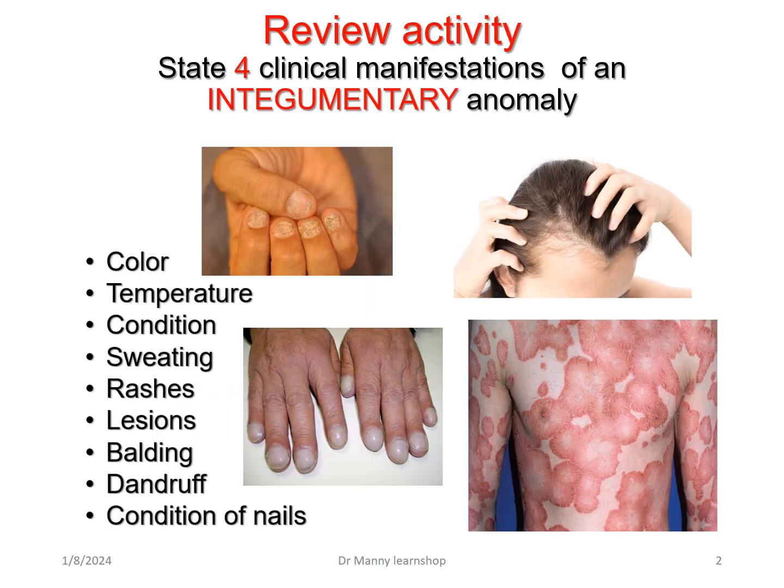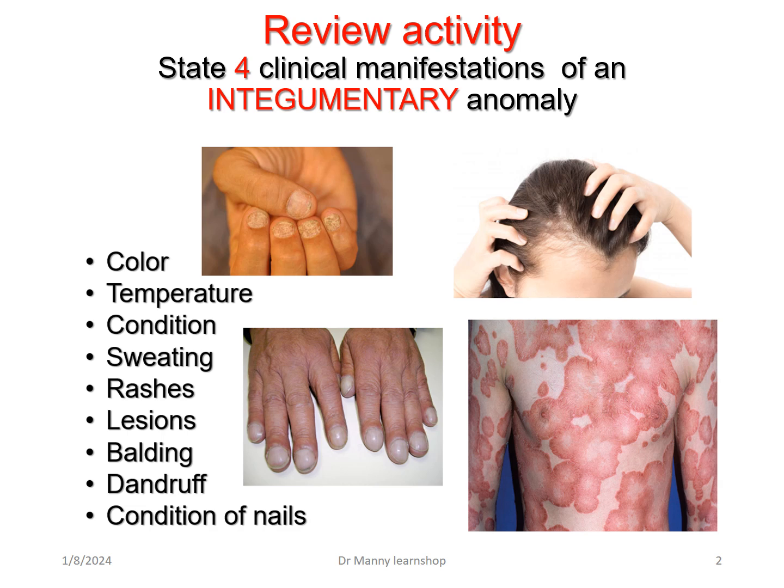So just as a review activity, are you aware of 4 clinical manifestations of an integumentary system anomaly? If you have something abnormal on the skin, you should be looking at what colour it is. Does it have a temperature, which means possibly it's warm? What's the condition of the skin? Is it dry or is it sweating?